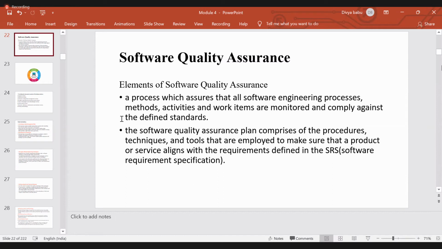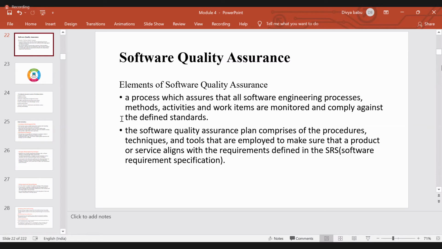Every organization, every software development, not only software, these things are common to all industries. Every industry is following some standards to meet the quality, right?